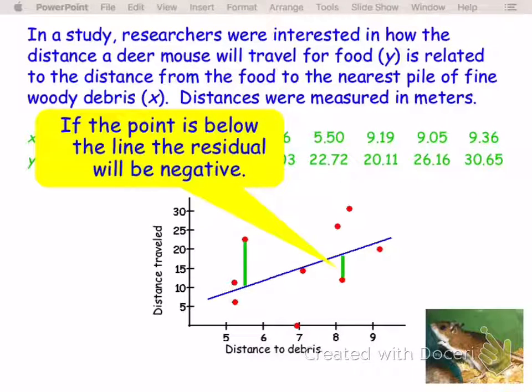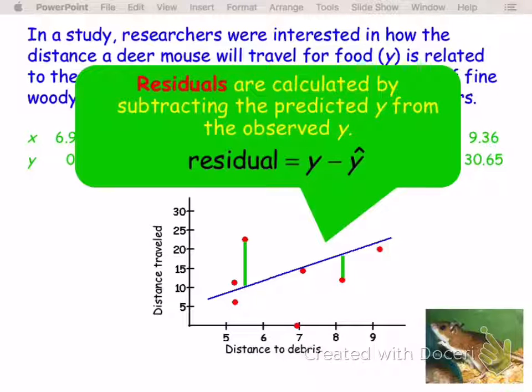If the point is below, it's negative. The formula for residual is actual minus predicted. There are 2 ways you can remember this. So it is actual minus predicted. And one way to remember that is AP. So you're in AP statistics.